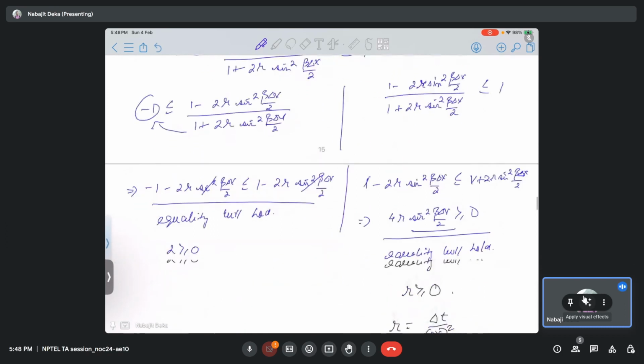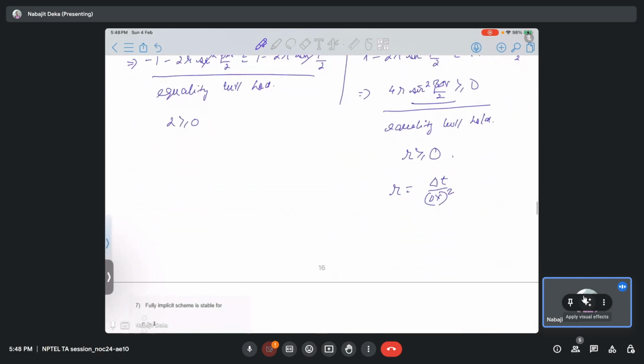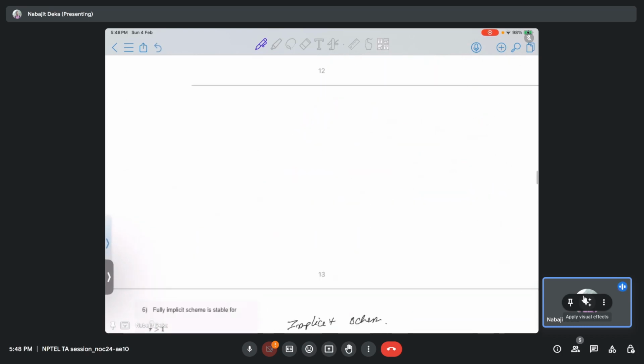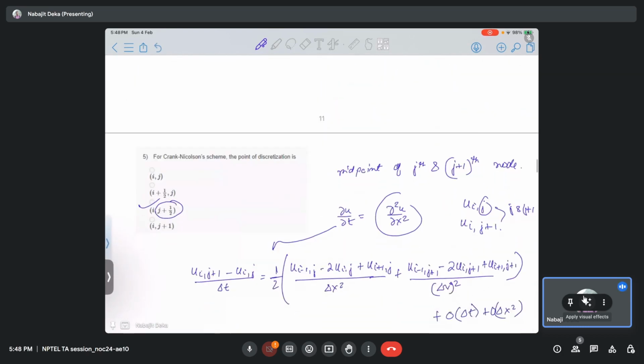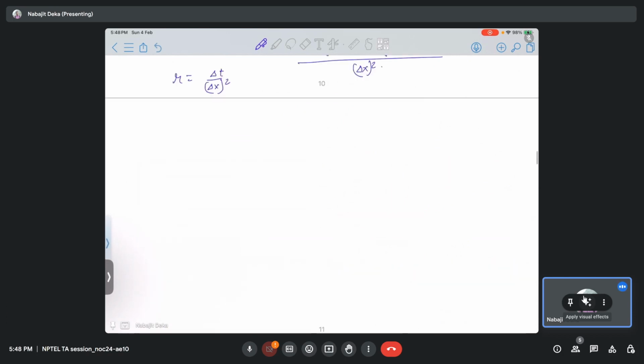So the implicit scheme is stable for all values of r, and that's why the implicit scheme is more preferred in many cases, although it takes more computational time. We cannot directly solve it since we are taking the j plus 1th term.